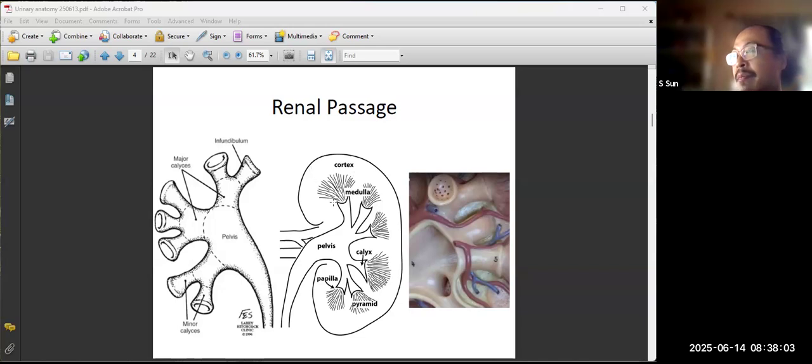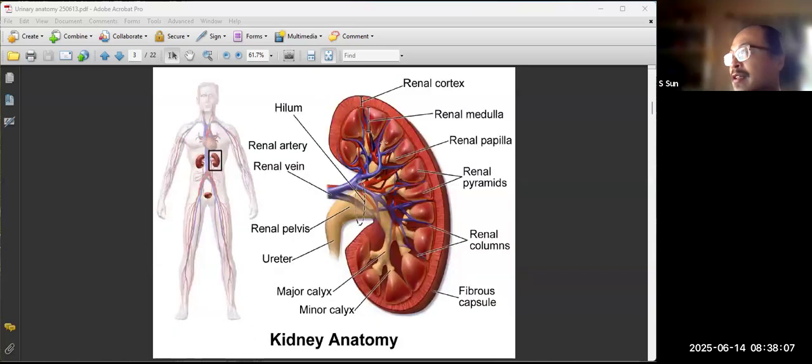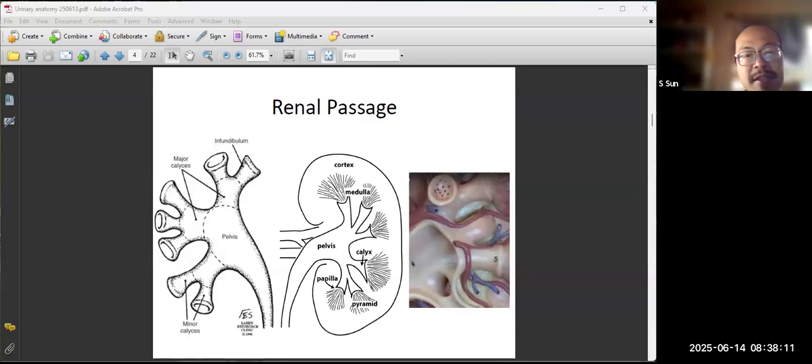So in the medulla or pyramid, we have this small tube. Let me go back to here. You can see that here is the pyramid. We have very small tubes, and that is the beginning of the urine passage. They get the urine by filtering the blood, and after filtration, it comes in, and then this entire tube, you don't have blood, you only have urine now.